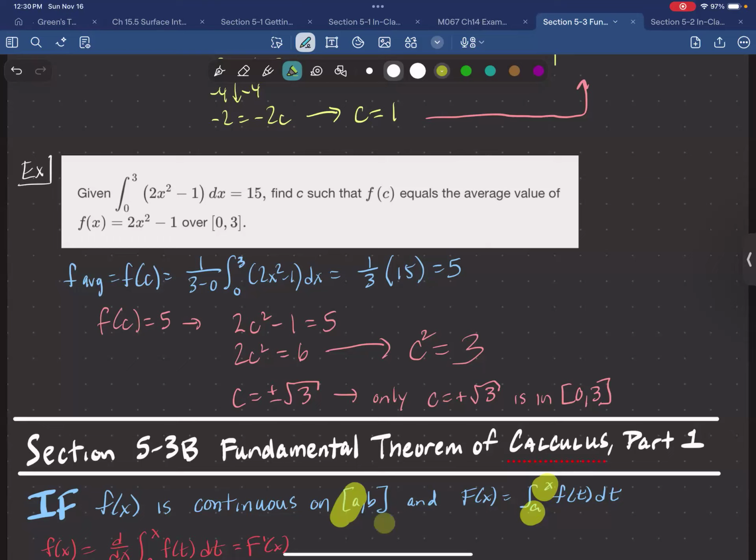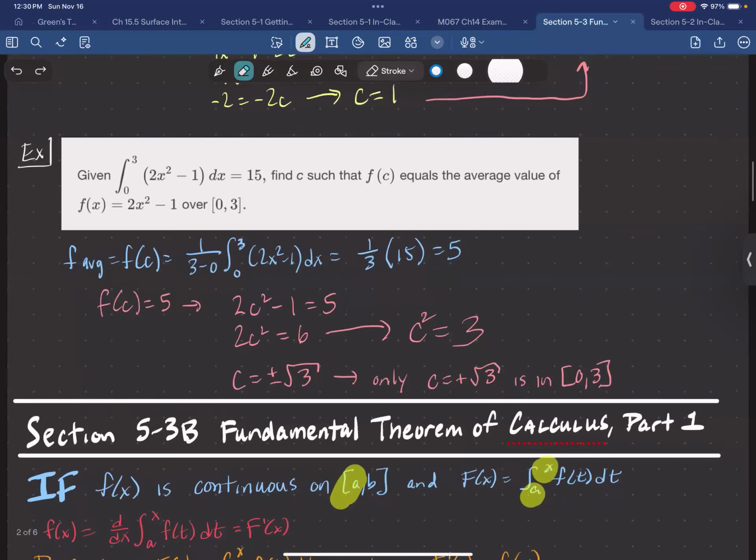So x is somewhere in [a, b]. We've got a number line from a to b, and there's an x in it, and we're doing the integral up to that point. So F of x equals this big integral from a to x of f of t dt.